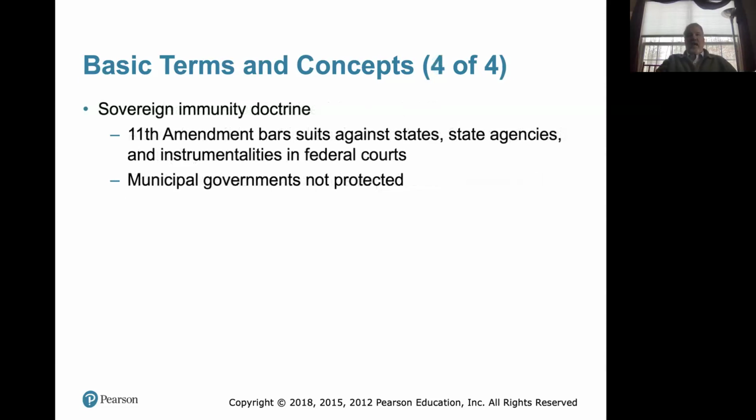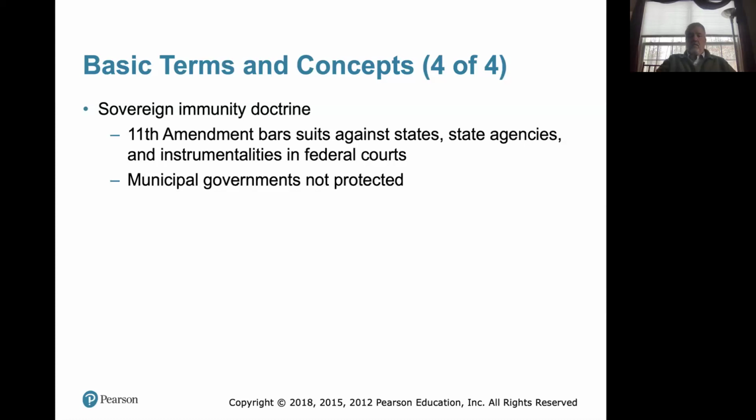So in the same way that we have respondeat superior, where you can hold the supervisors responsible, we also have sovereign immunity doctrine, which means that you can't sue states, state agencies, instrumentalities of federal courts at all.